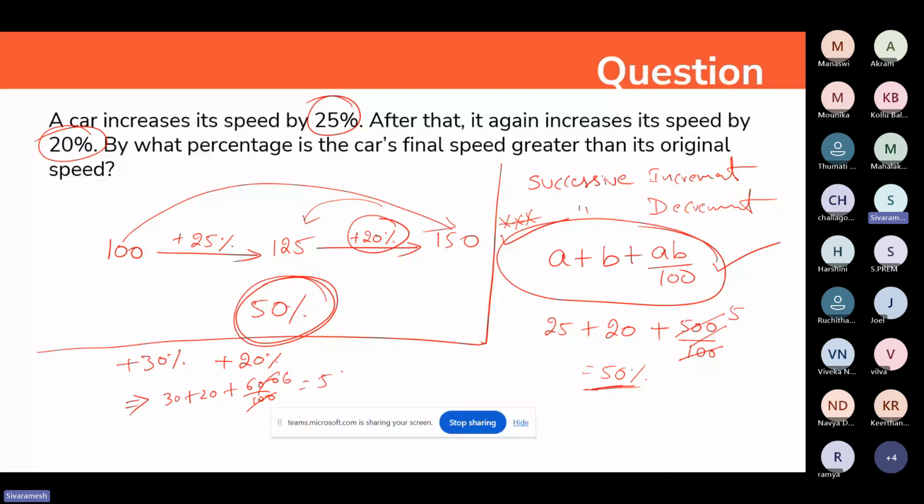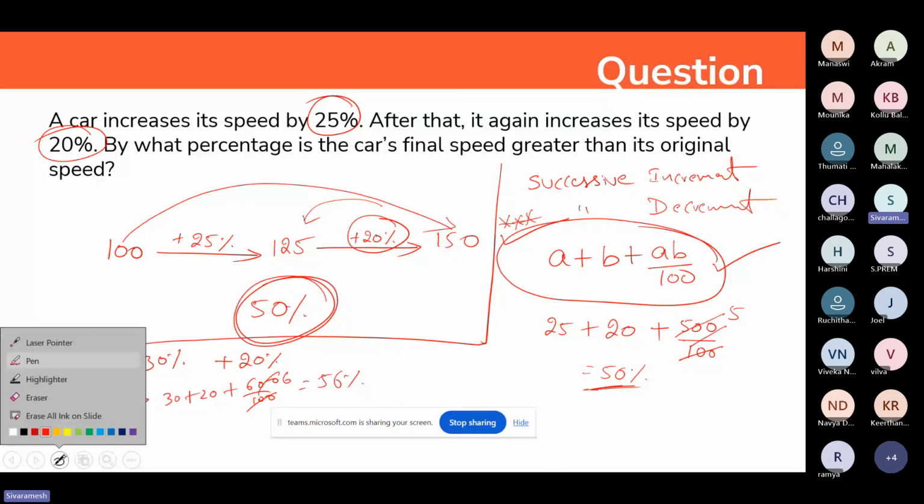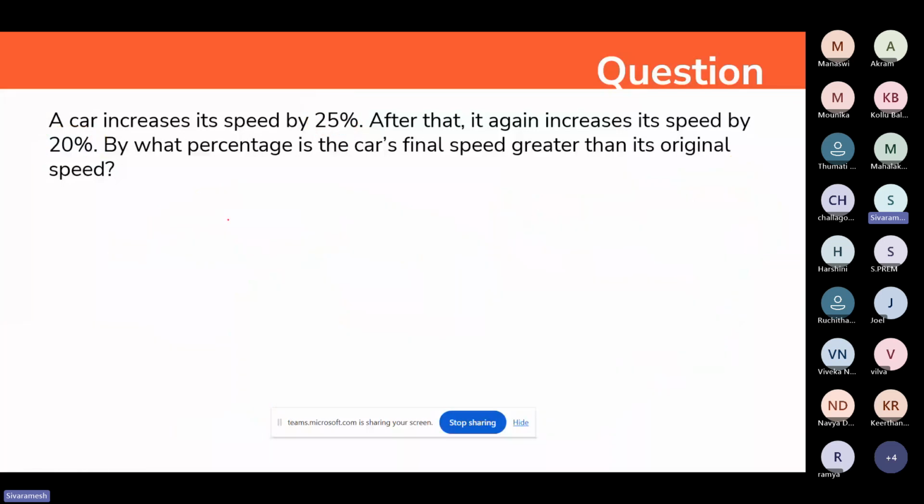Now I'll ask you one more question. Let's say you're going on your bike at some speed, and you increase your speed by 30%. Again you feel that it is a little more dangerous and you decrease your speed by 10%. Now can you tell me what is the overall change?